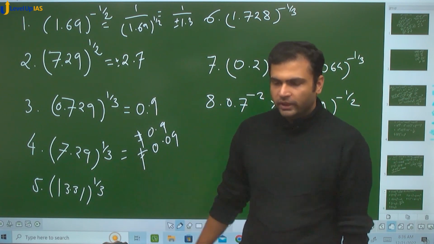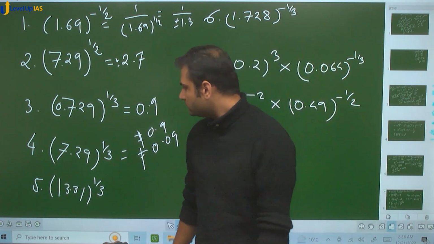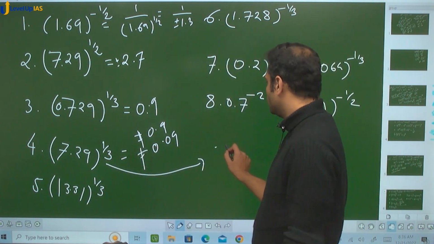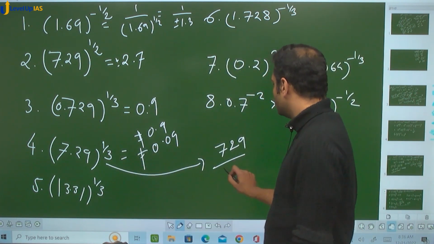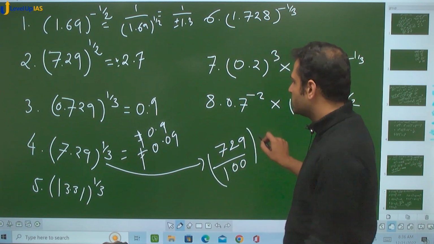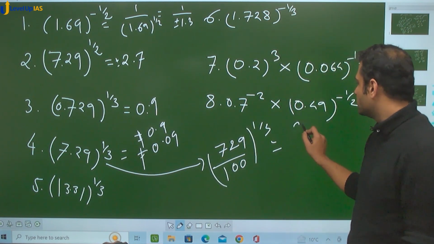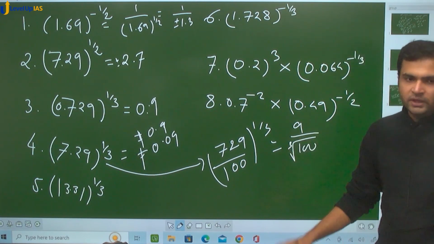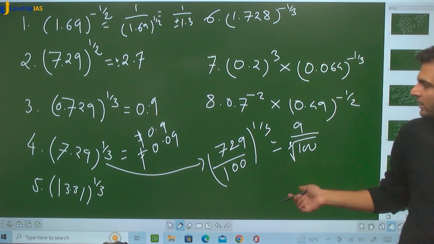What you did was correct. At the most you can clear the base and write it as this raised to 1 by 3, which you can write as 9 by cube root of 100.